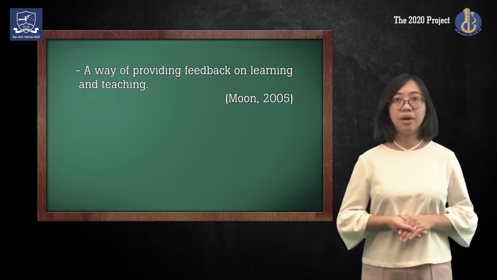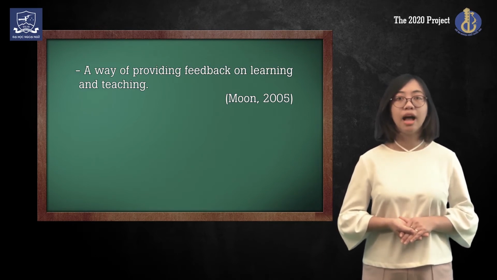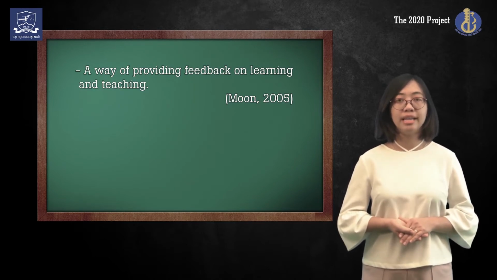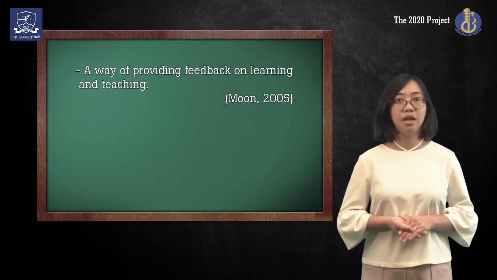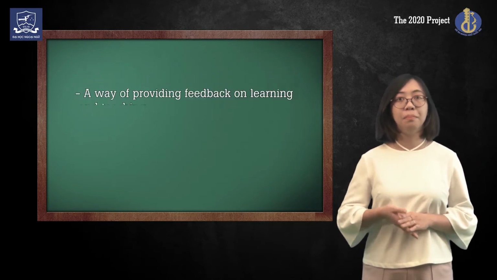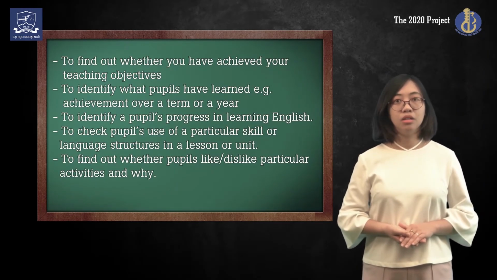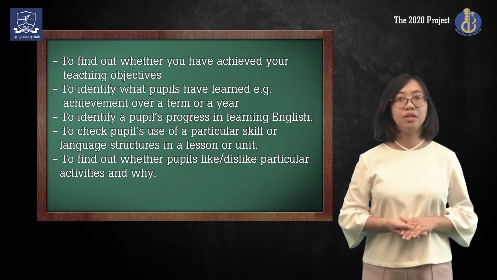In a classroom where the teacher is trying to boost up the learner's motivation, it will be necessary for the assessment results to indicate pupils' preferences for some particular activities. Here are some of the most popular reasons for assessment. To find out whether you have achieved your teaching objectives.